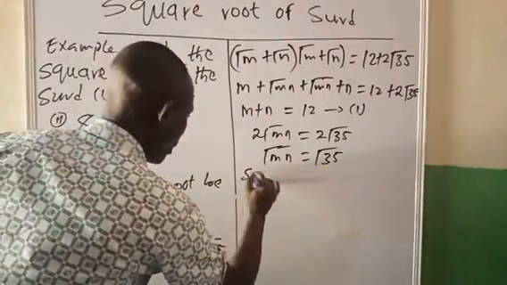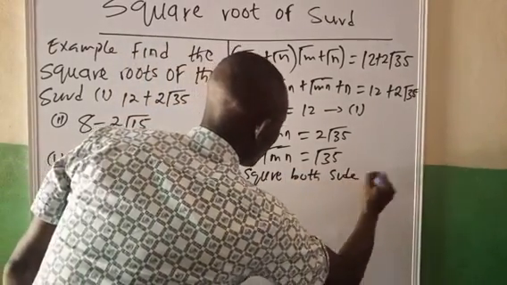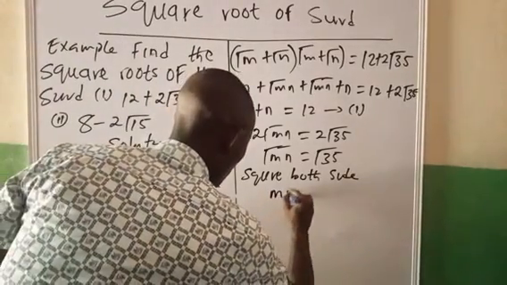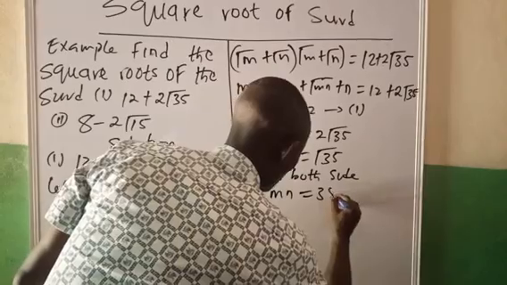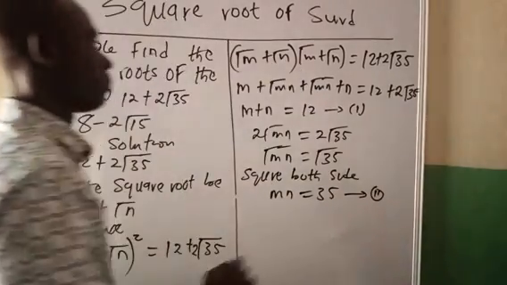So if I square both sides, I will arrive at mn is equal to 35. This forms my equation 2.